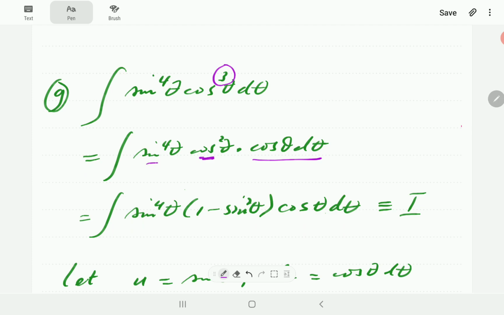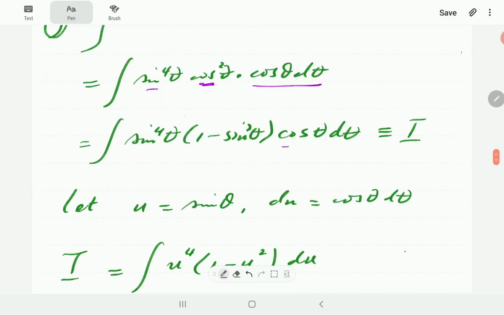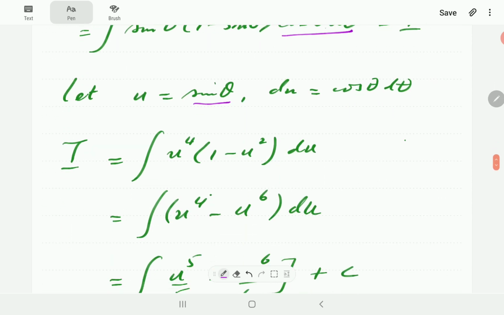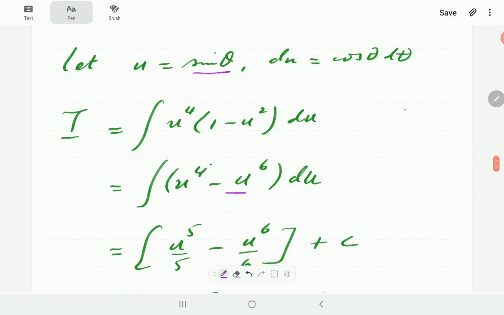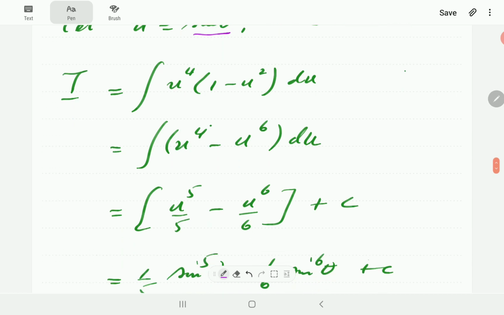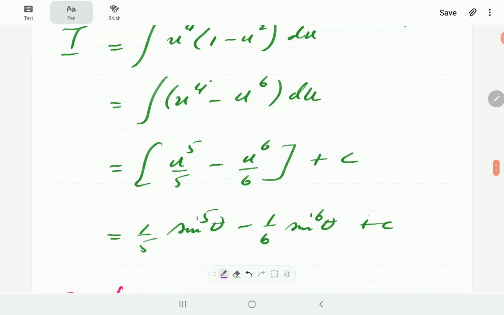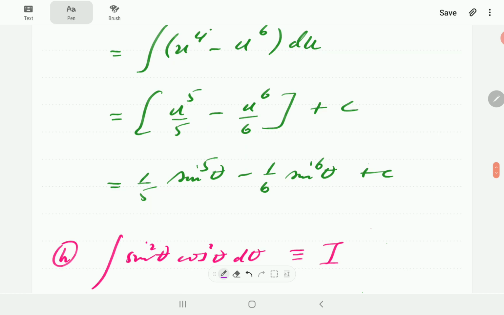And then of course cosine squared is 1 minus sine squared, and then since we saved a cosine, we make u equal to sine, du is going to be cosine theta d theta, and then this is what the integral is going to be in terms of u, integrated and then rewrite in terms of theta.